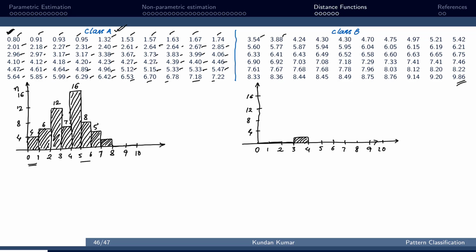Number of samples between 4 and 5: 1, 2, 3, 4, 5, 6. Between 5 and 6: 1, 2, 3, 4, 5, 6, 7.